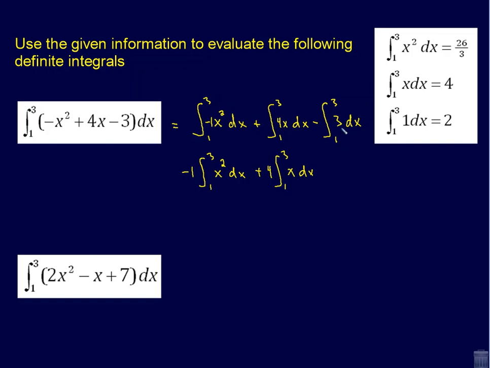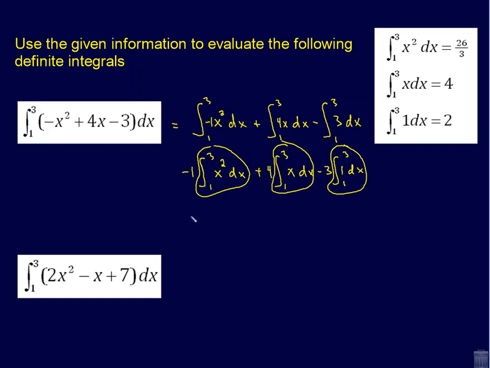And I can factor 3 and just call this 3 times 1, so I can write 3 here and still keep the 1 in here. So you see now how the given integral expressions are the exact ones that are appearing in here. And they're just each being multiplied by their appropriate coefficient.